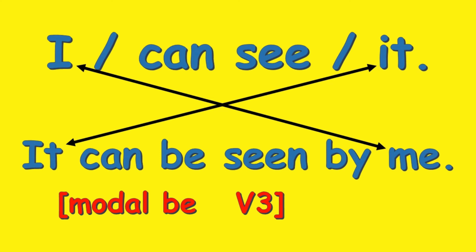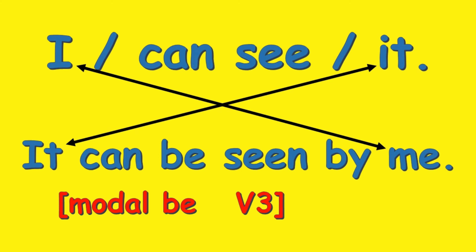First of all, as we all know that the object in the active voice becomes the subject in the passive voice. Therefore, we have placed it in the beginning. Thereafter, we should use the modal given in the question, that is can. So we have placed can. Then it will be followed by be.